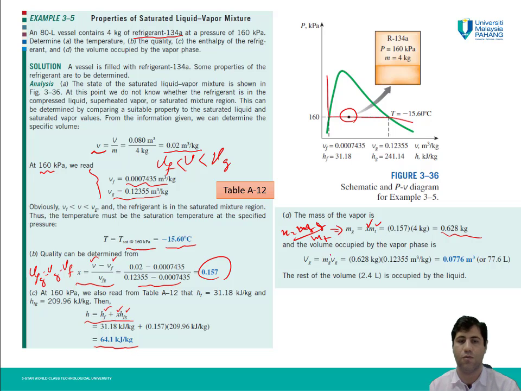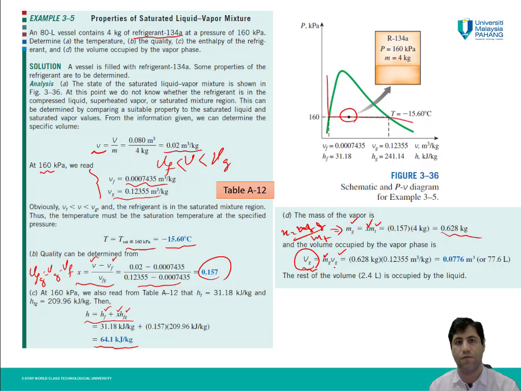Because we know Vg for this refrigerant from the table, and we have mg, we can then calculate.